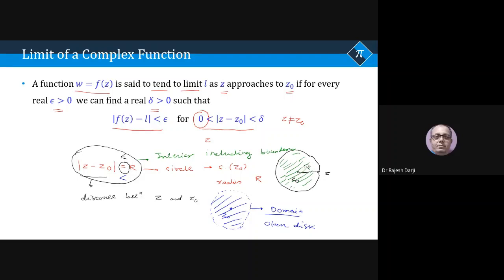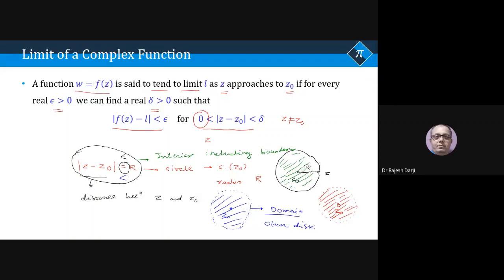If we consider an open disk in which we do not consider the center, only this part. So center is excluded.